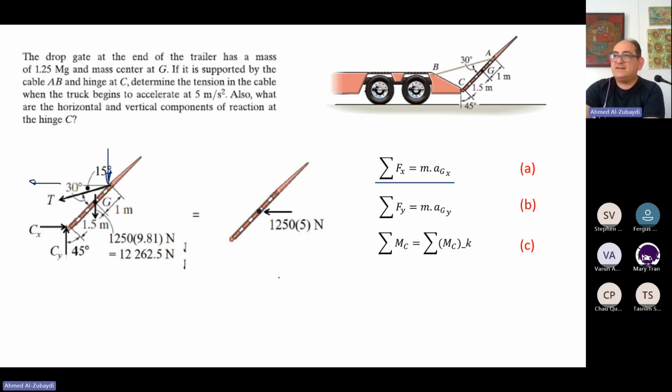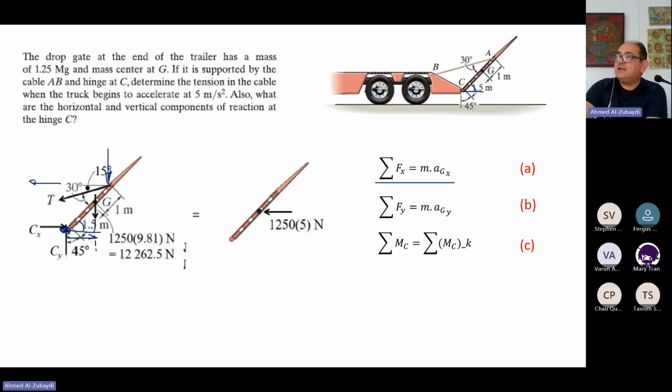So I couldn't find anything yet, so I would like to know what is unknown. I can do the moment around the point C, which is going to be equal to the weight multiplied by that distance, which is half of the length, or 1.5, multiplied by the sine of this angle. Actually, very easy to find.